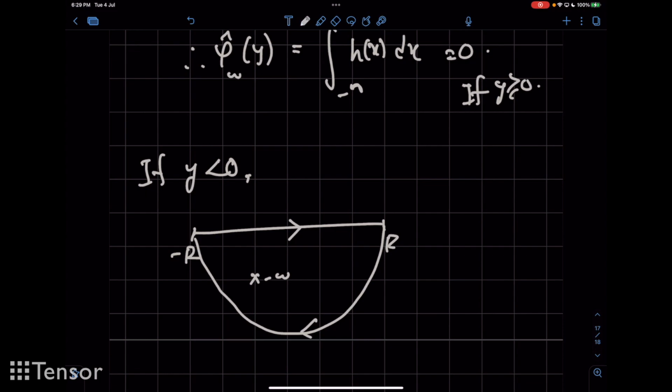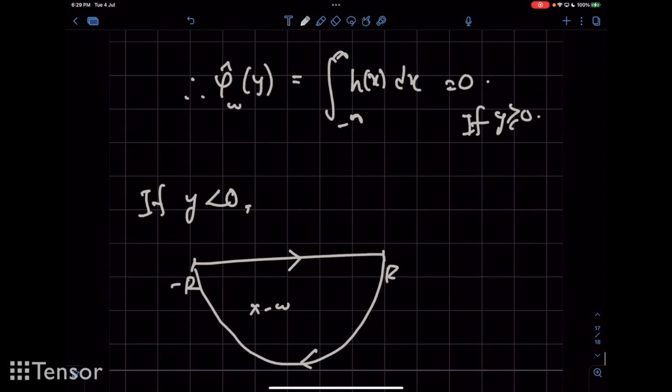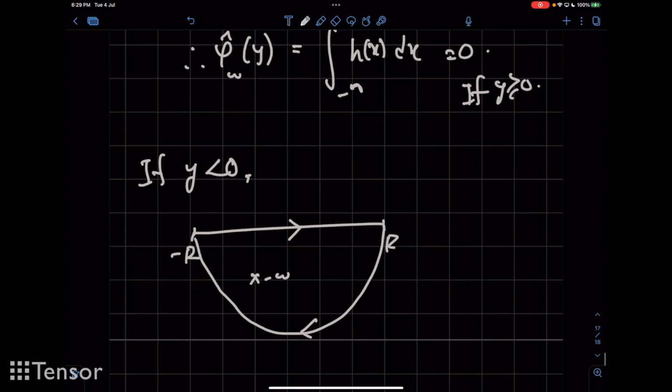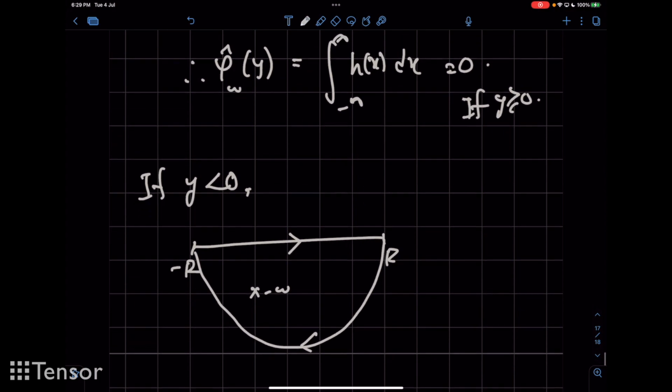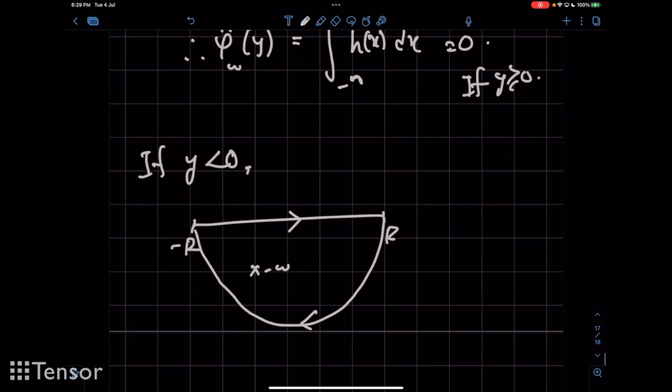I just realized I'm probably saying w and omega interchangeably, which I shouldn't have, but they look identical. By positive, you mean non-negative? Yeah, by positive I meant non-negative. Okay, so if y is negative, then let us choose this contour.